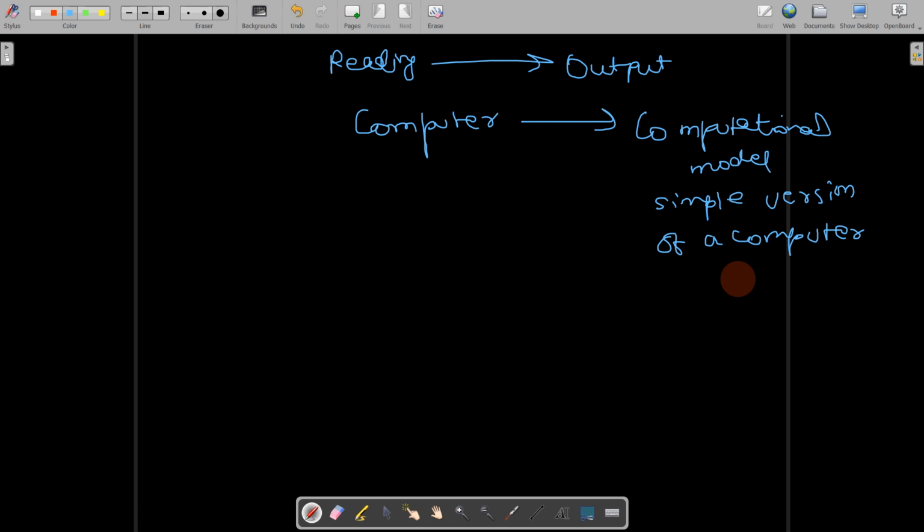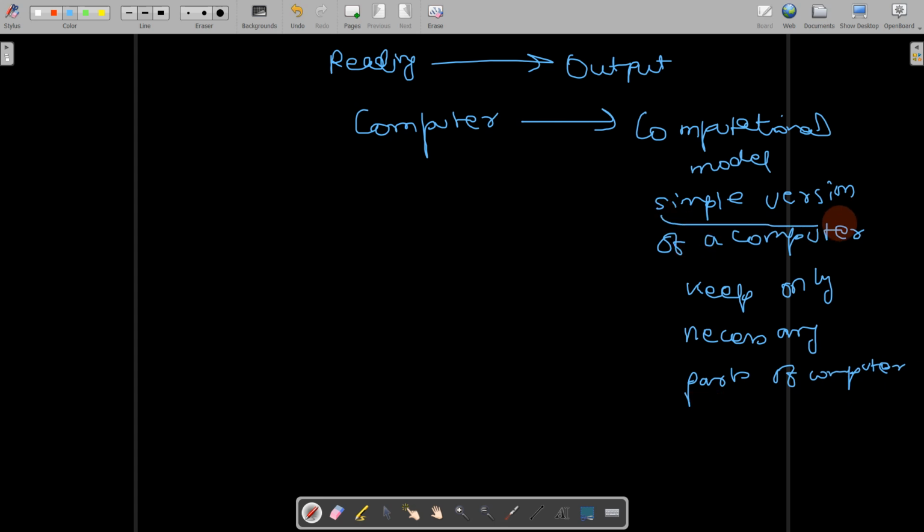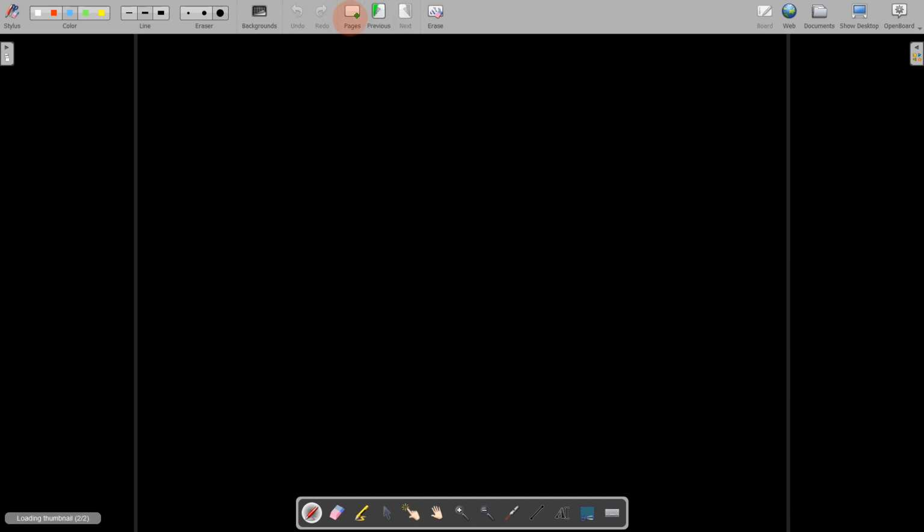For a particular problem, we keep only the necessary parts in the computational model and ignore the other complicated stuff. So this is just a simple version of the exact computer, in easy language.